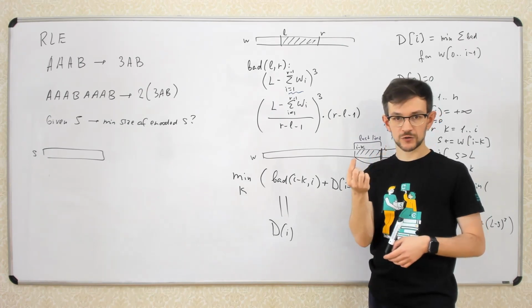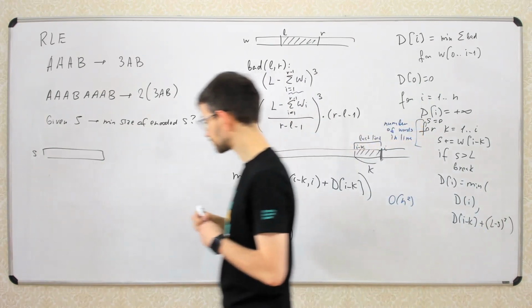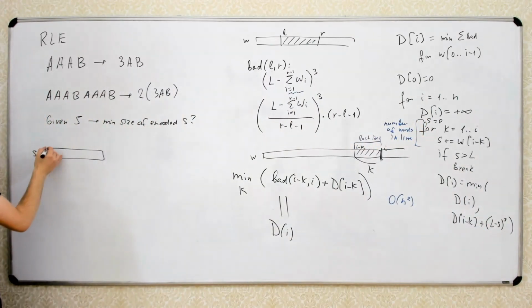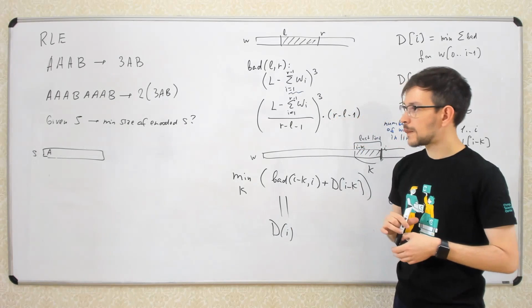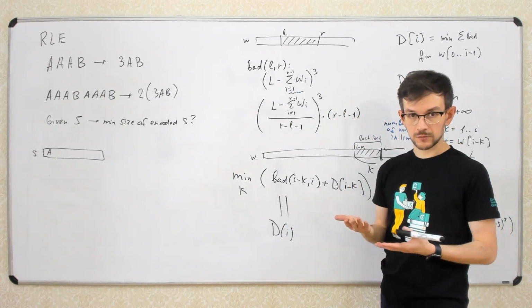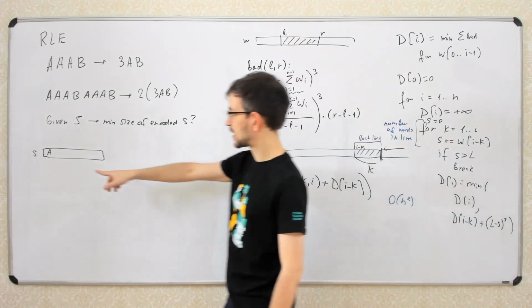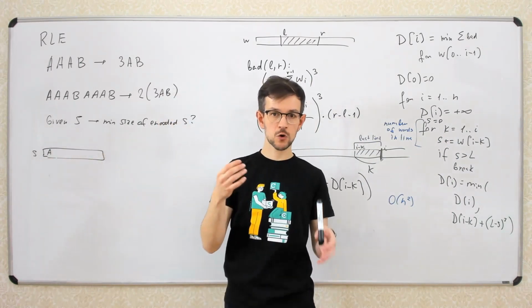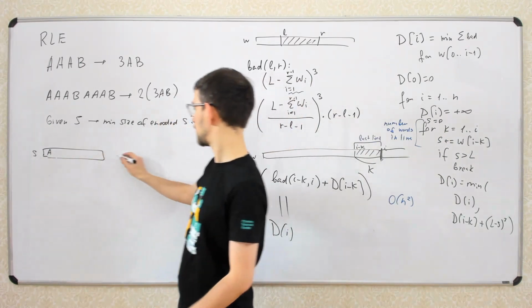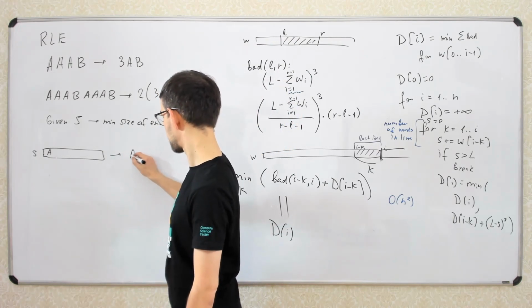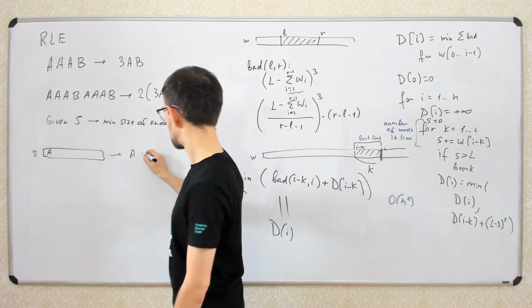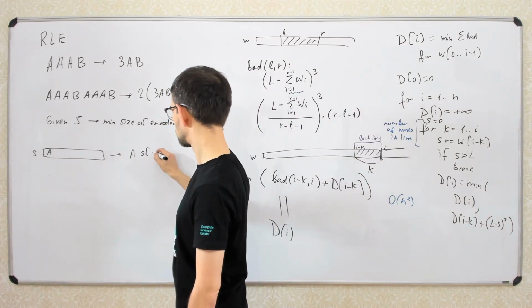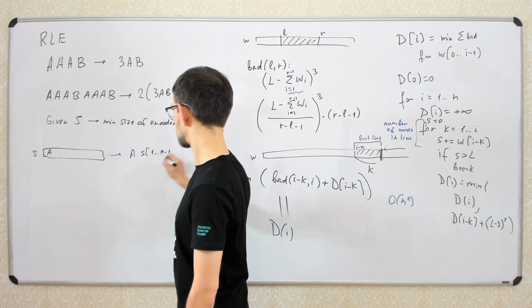Let's look at the first character of the string S. This first character, for example, is A. There are two ways this character A can be encoded. It can be encoded as a single character A. So we can encode the string S as A, plus something which encodes the string S from 1 to n minus 1.